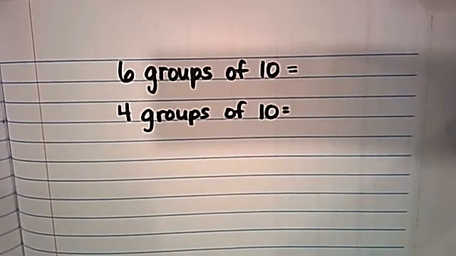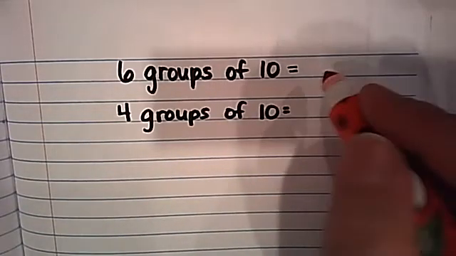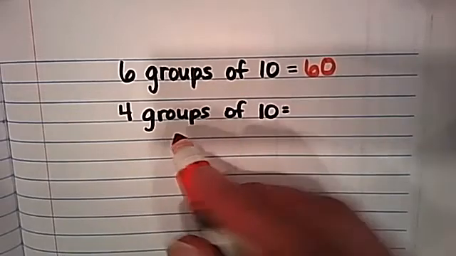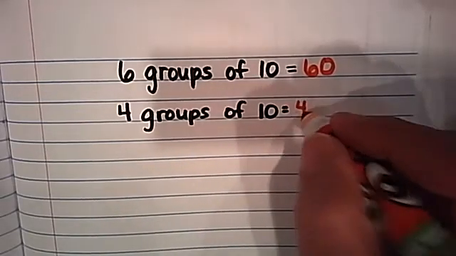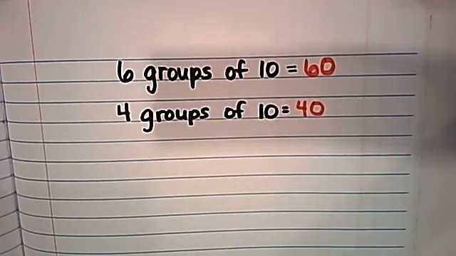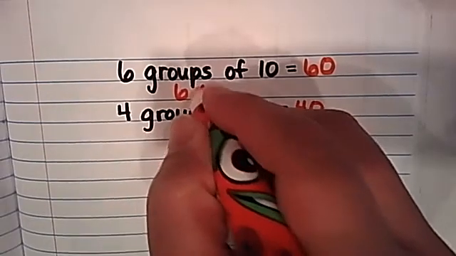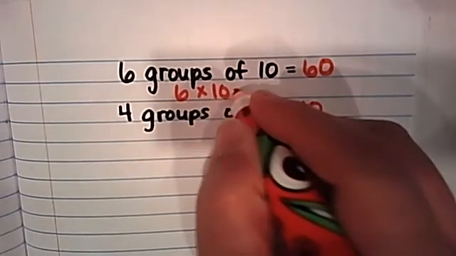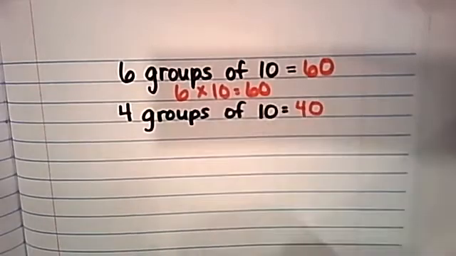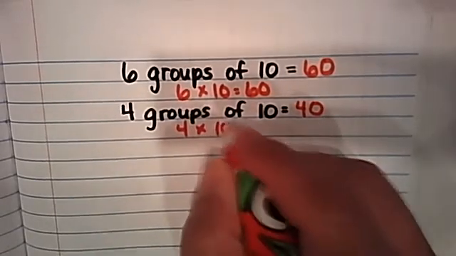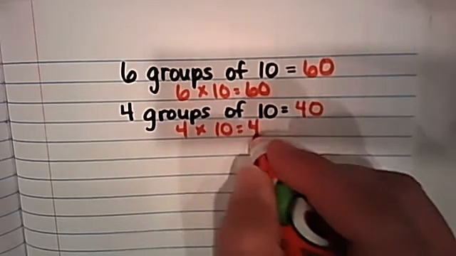So we're going to count by 10, 6 times: 10, 20, 30, 40, 50, 60, and 10, 20, 30, 40. So if you remember, the multiplication facts that we use to show these are 6 times 10 equals 60, and 4 times 10 equals 40.